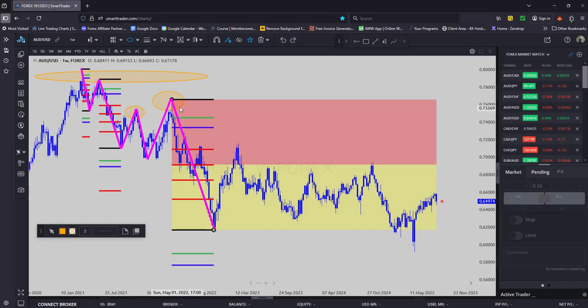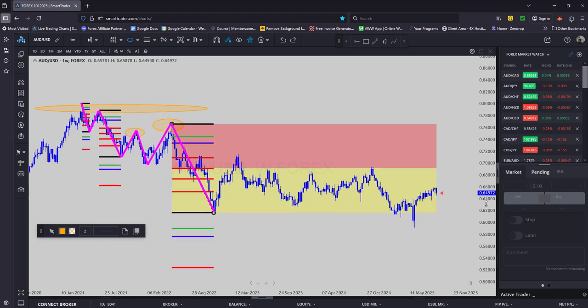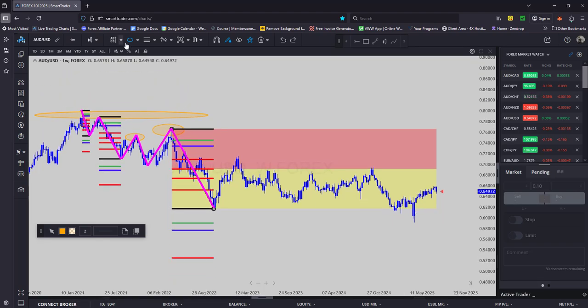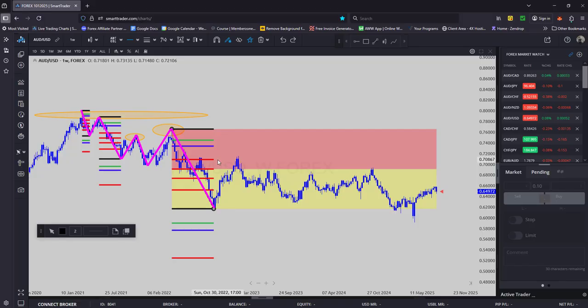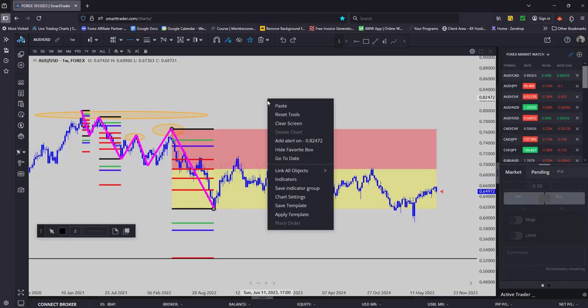So A, B, C, still red, comes all the way back down to here, falls to here. Now we're at current market price, so A, B, C, this is where we're at when we talk about current. A, B, this market came to, if you're using your lines, it came to the red, so you expect the market to fall all the way to the red just like it did before.